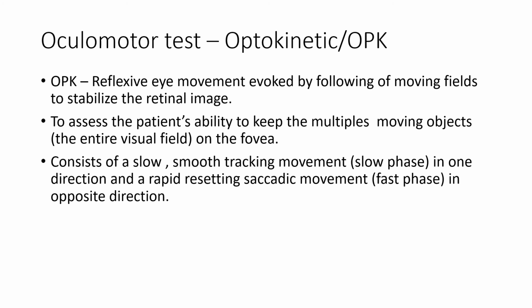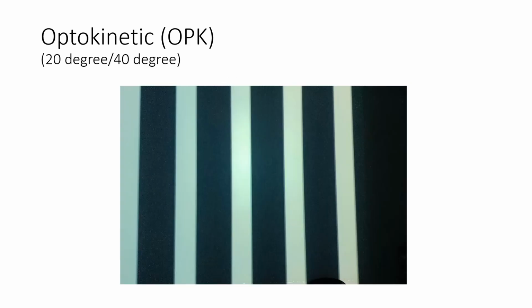In this subtest, we will assess the patient's ability to keep the multiple moving objects, the entire visual field, on the fovea. It consists of a slow, smooth tracking movement, the slow phase, in one direction, and a rapid resetting saccadic movement, or fast phase, in the opposite direction.